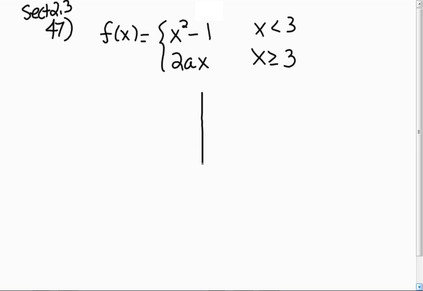If I graph this, do you guys know what x squared minus 1 looks like? It's a parabola, and it goes through negative 1. So it goes here until we get to 1, 2, 3. I don't know exactly where it's going to be. Then we're going to stop. There's a hole there right now because it says x is less than 3.